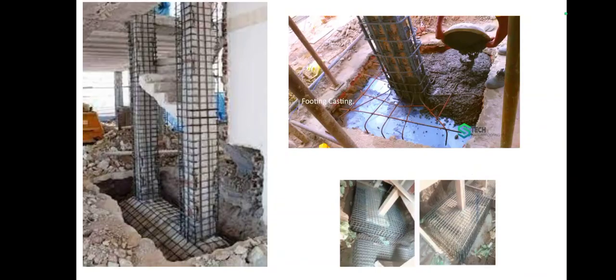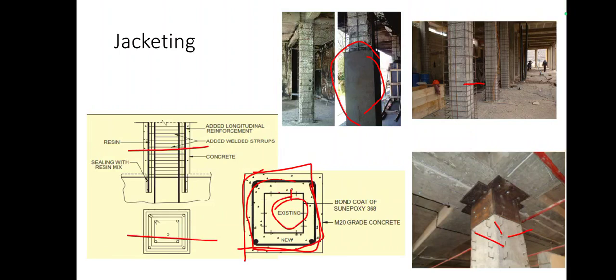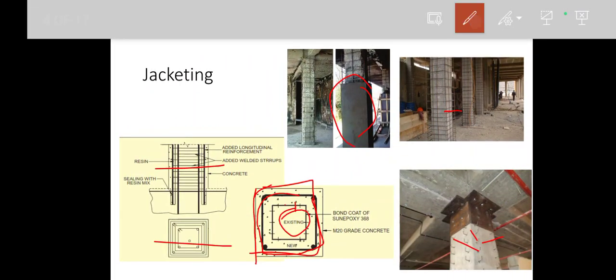So here is one important thing to be noted. In many places the jacketing technique is done where they actually place the new rod by drilling a hole in the existing foundation or the plinth beam and the tie beam which is at the bottom, and then they do the concreting work and close it.